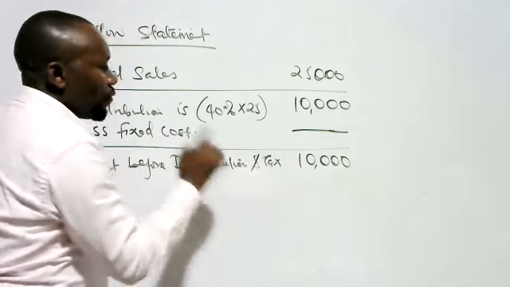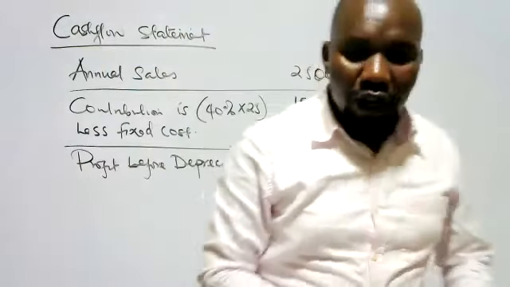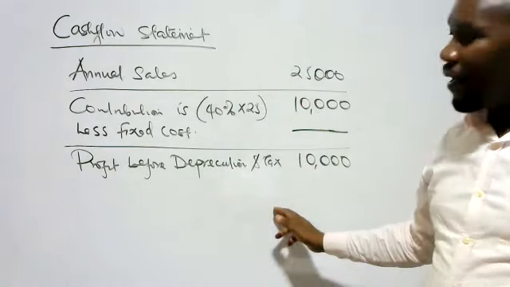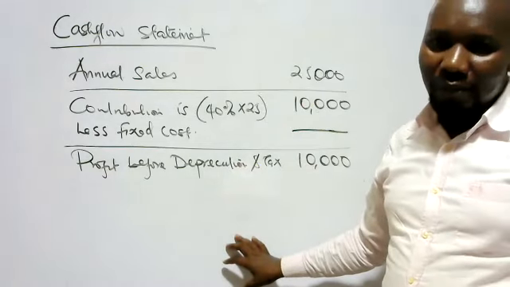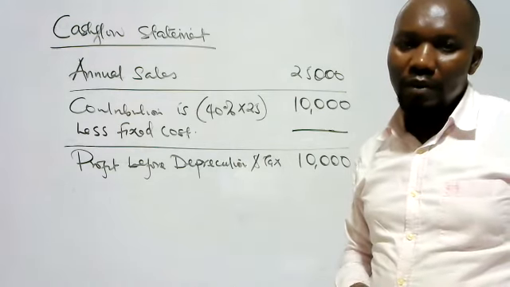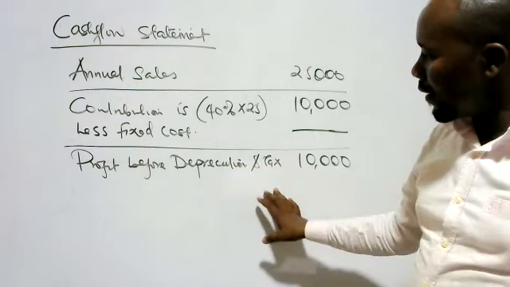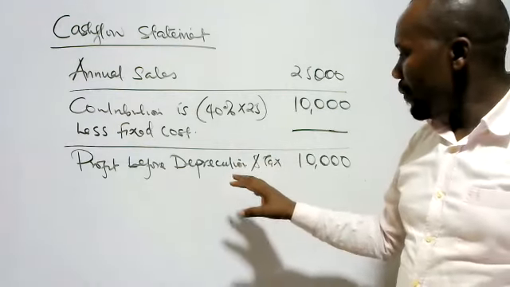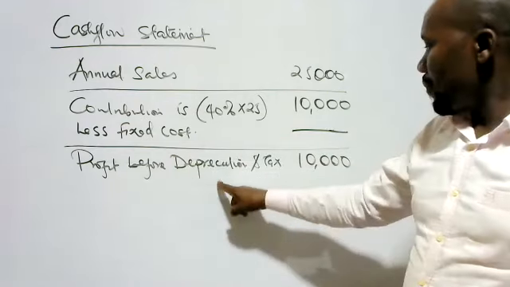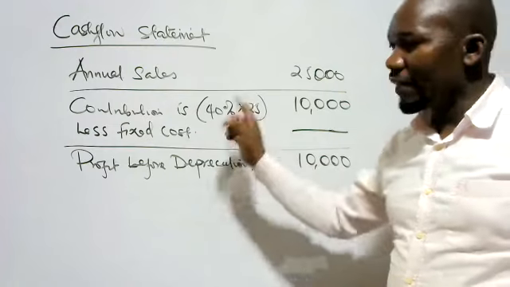Now, up to this stage, there are two things that you can do. Number one, you can less depreciation from here and tax the balance. Then you add back depreciation. That is what we normally do. You deduct depreciation, tax what you're going to have, and then add back depreciation.